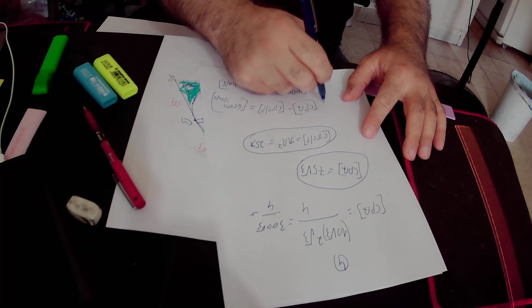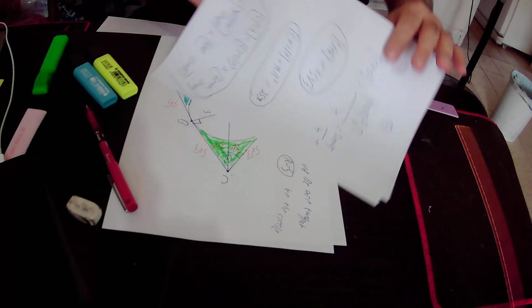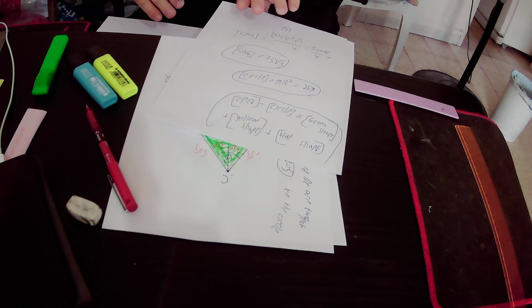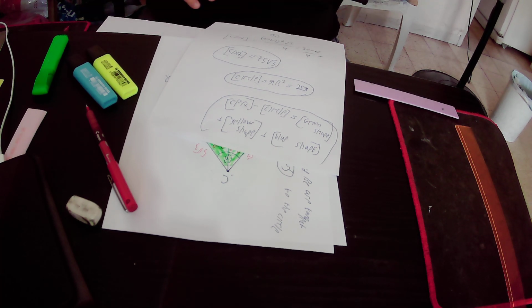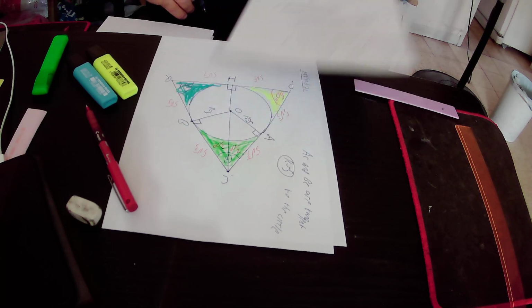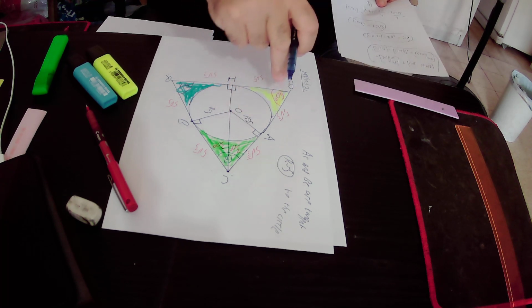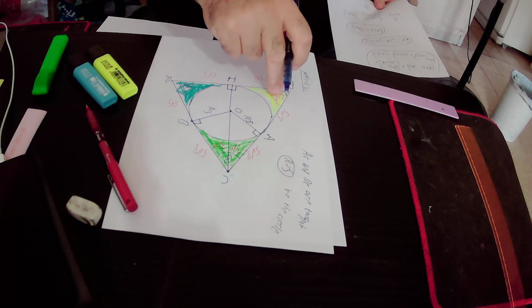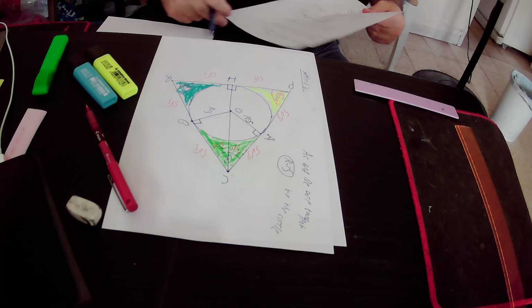Okay, so we have this formula: the area of triangle CPQ, the big triangle, minus the area of the circle, equals the area of the green shape plus the area of the yellow shape plus the area of the blue shape.